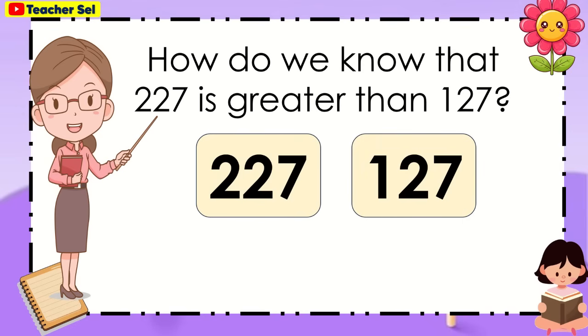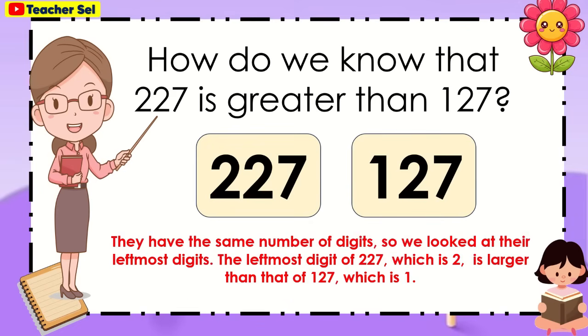How do we know that 227 is greater than 127? They have the same number of digits, so we look at their leftmost digits. The leftmost digit of 227, which is 2, is larger than that of 127, which is 1. So 227 is greater than 127.